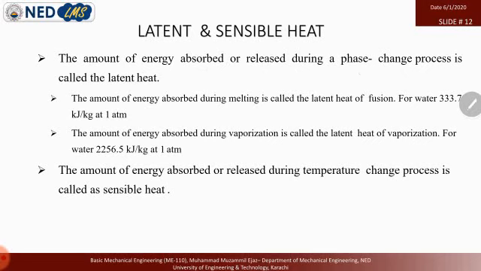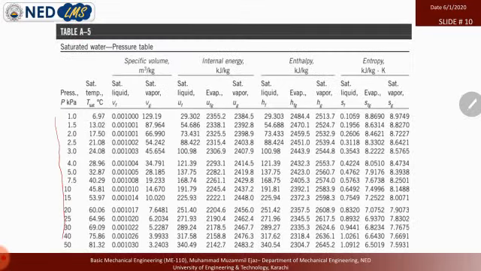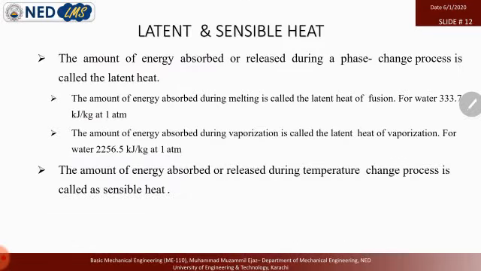By definition, the amount of energy absorbed or released during the phase change process is called latent heat. For example, the amount of energy absorbed during melting is called latent heat of fusion. For water it is 333.7 kilojoules per kg at 1 atmospheric pressure.